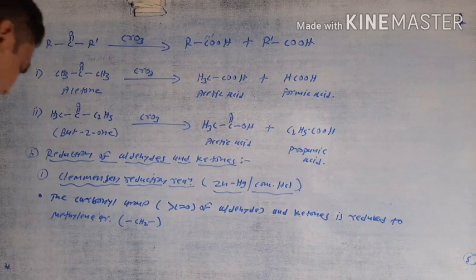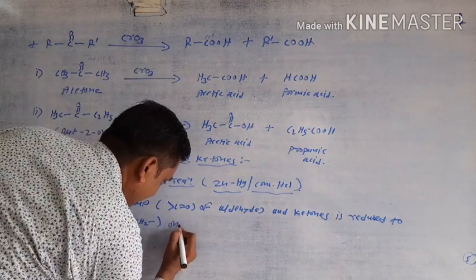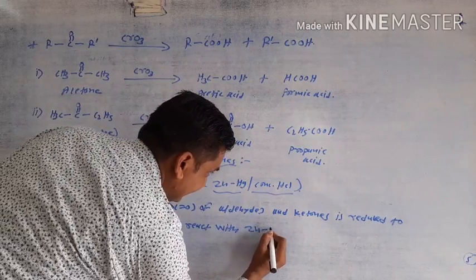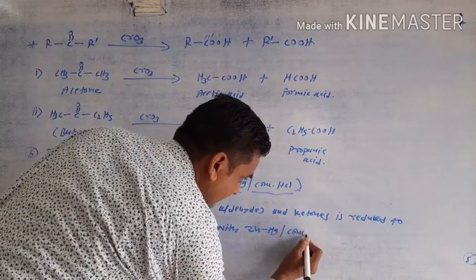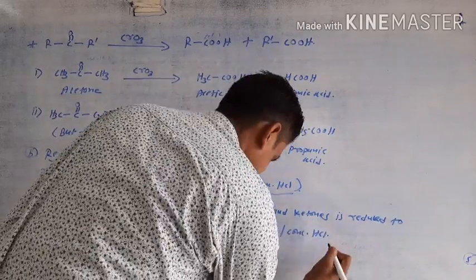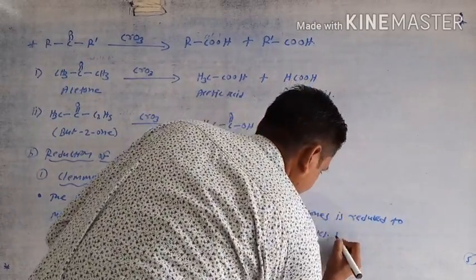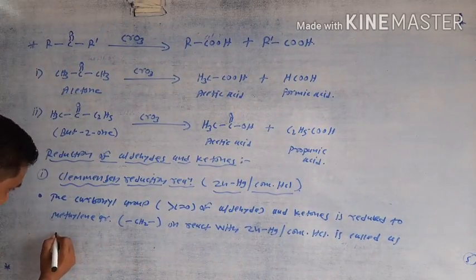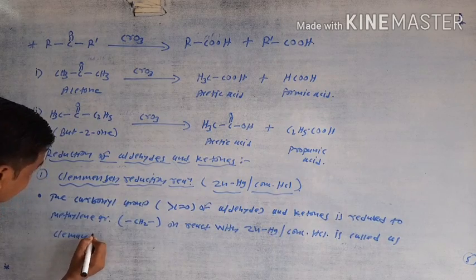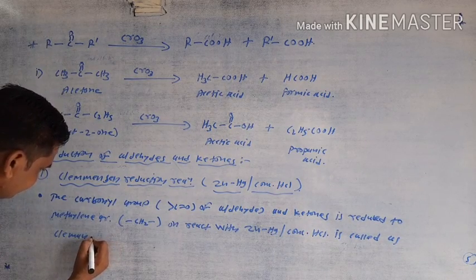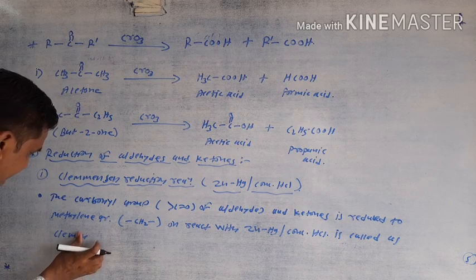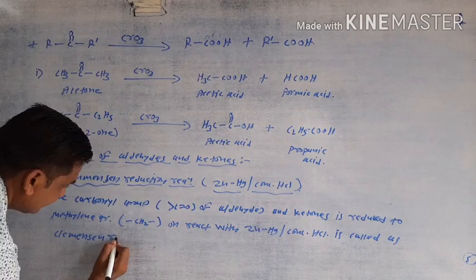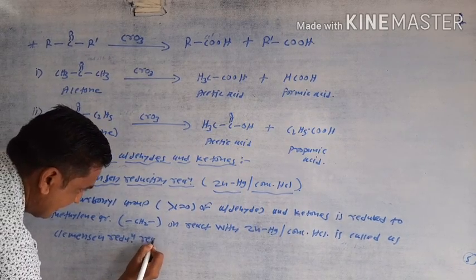This group is called a methylene group. On reaction with Zn amalgam in presence of concentrated HCl, it is called the Clemmensen reduction reaction.